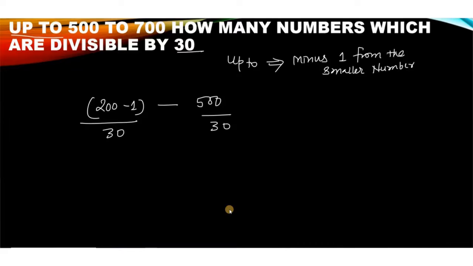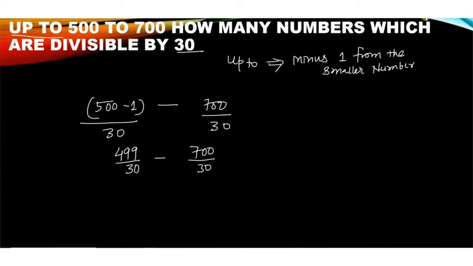So this is divisible by 30 and this is also divisible by 30. Sorry, this is 500 and this is 700. Now when you divide it, it means 499 divided by 30 and 700 divided by 30.